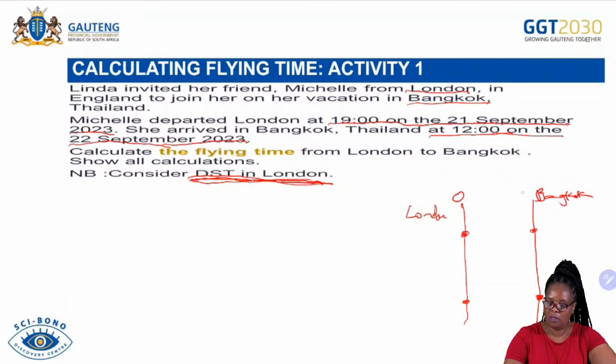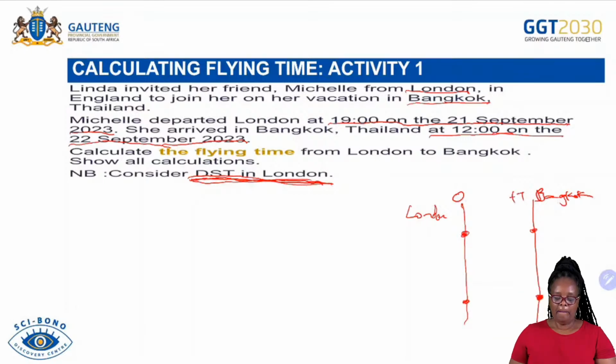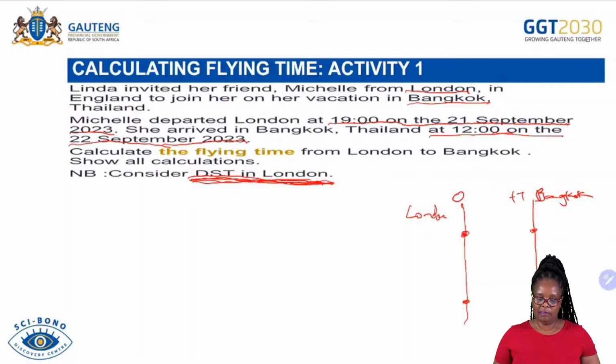+7. But now the question said, consider DST in London. Even though we know that London is at X0, because of DST, it is going to be at +1. It will be at +1 because of what?